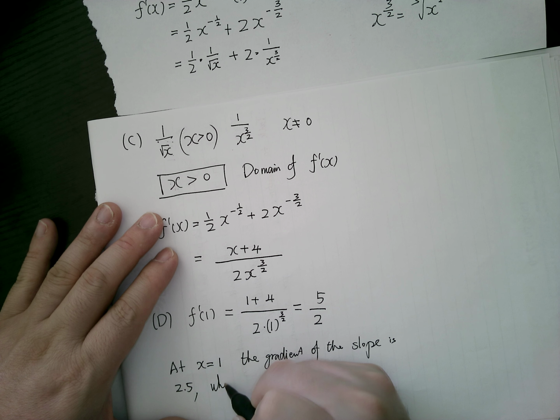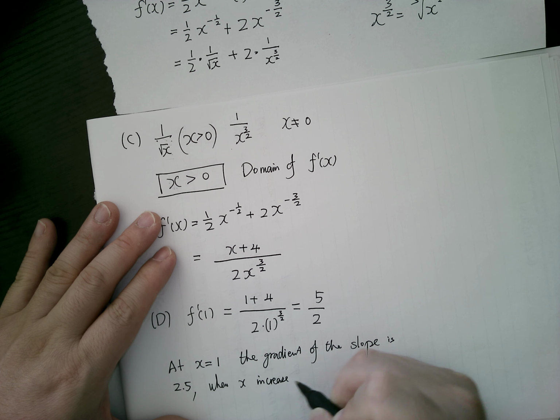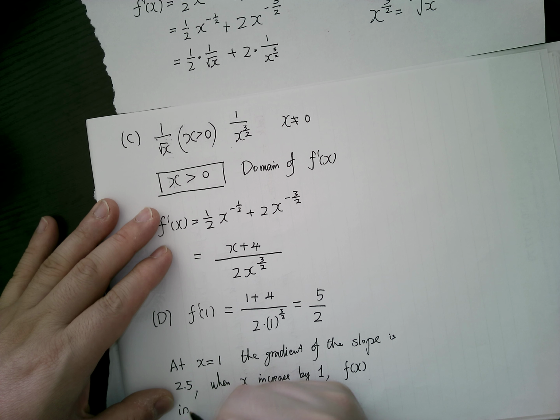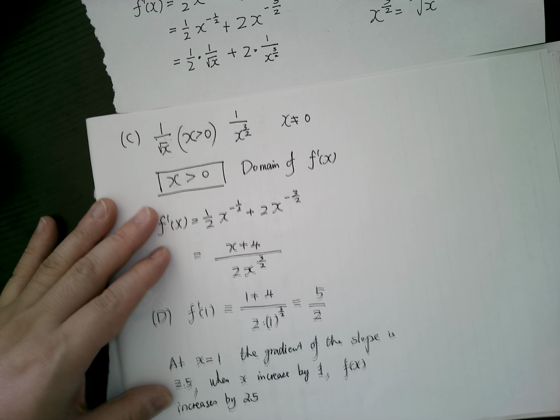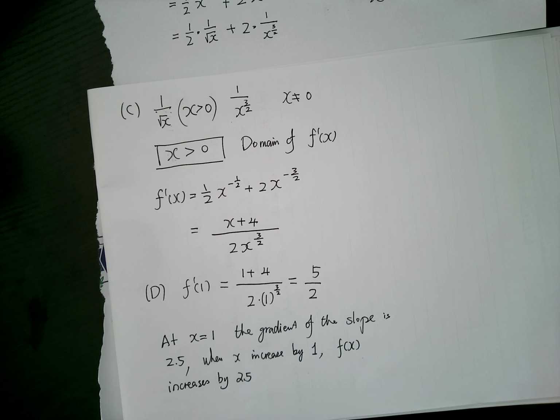It means when x increases by 1, f of x, the value of the function, increases by 2.5. So when x is increased by 1, f of x is increased by 2.5. So this covers question 8.